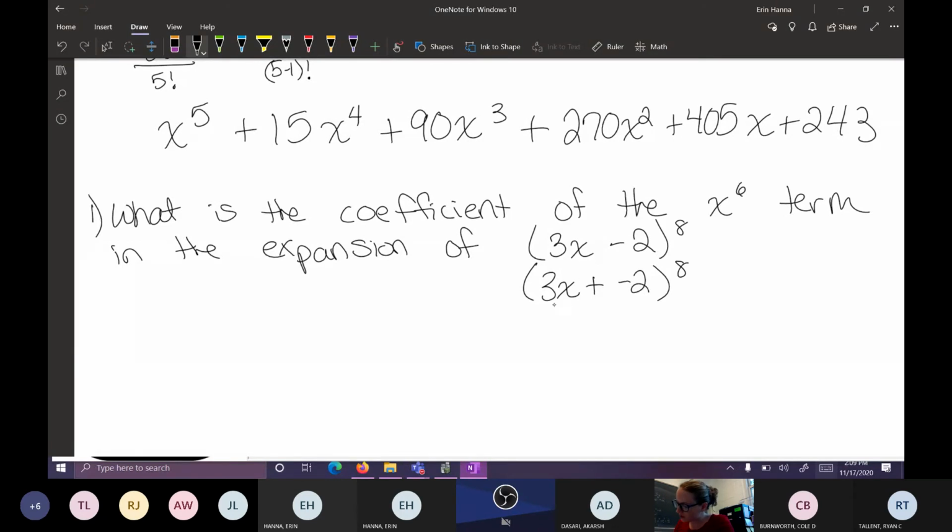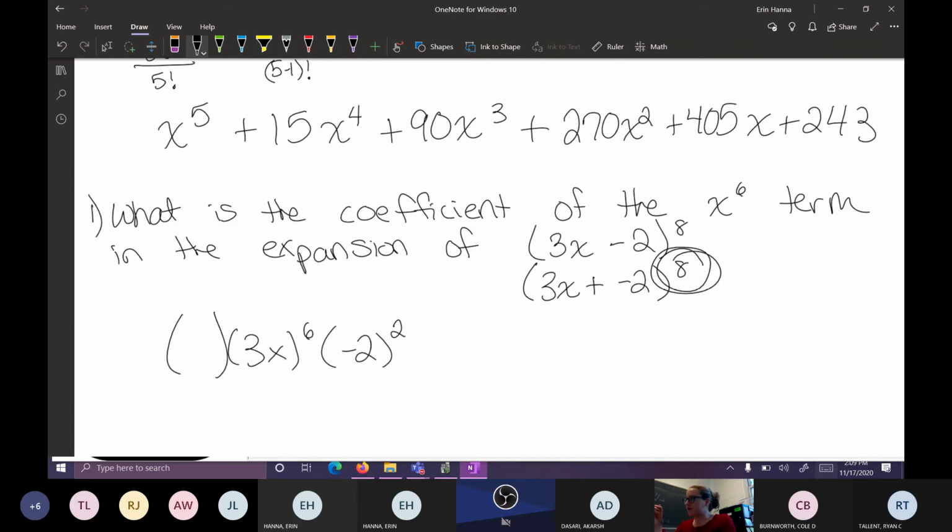If we want a 6th power, because that's what we're asked for, we would need to take that 3x to the 6th power. Now we need to figure out the power of the negative 2. All of the powers always have to add up to the power we're expanding it out to. So if we're expanding to 8 but only have 6 so far, the power of this would have to be 2.